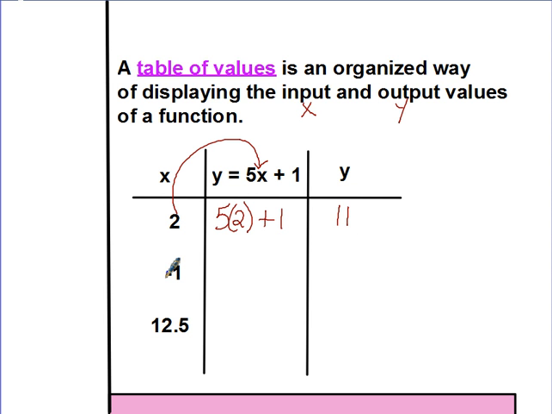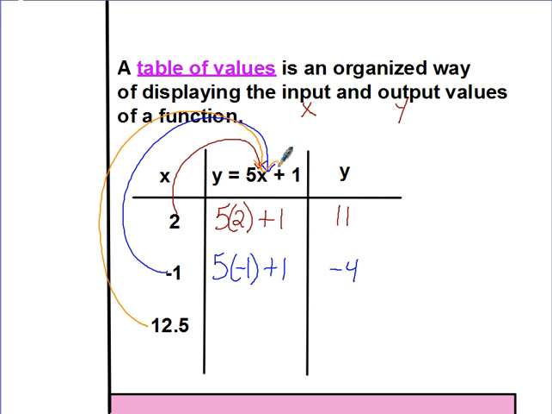And I'm creating a table of values along the way. Let's try another one. -1. Now I'm going to put that in as my input. 5 times -1 plus 1. This part would be -5 plus 1, -4. I'm creating a table of values. The last one I'm going to put in is 12.5.